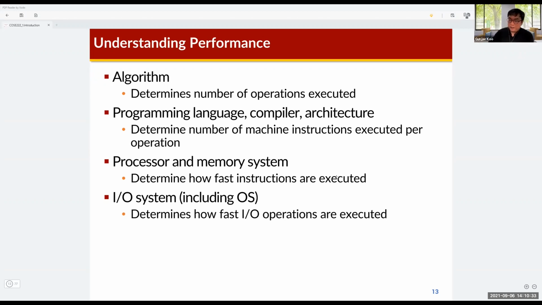Then which factor determines the performance of computer systems? Faster means that our program runs on the computer system and completes faster than on another computer system.